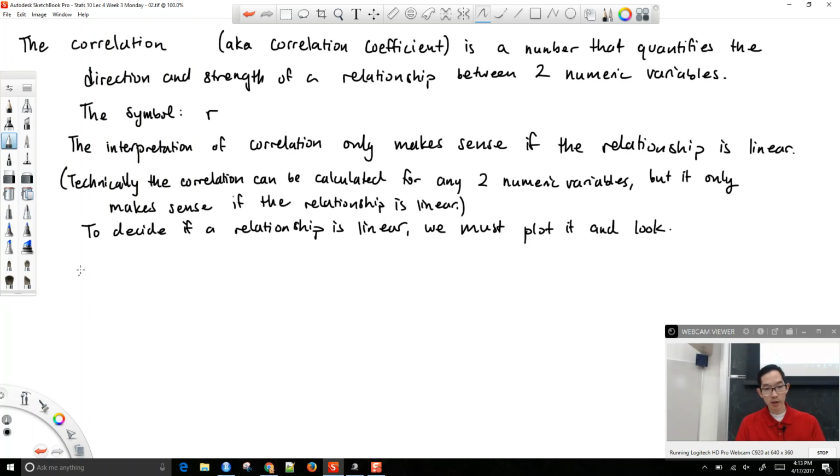R can be any value between -1 and 1. So we'll say -1 is less than or equal to R is less than or equal to 1. R can be any value between 1 and -1 inclusive.